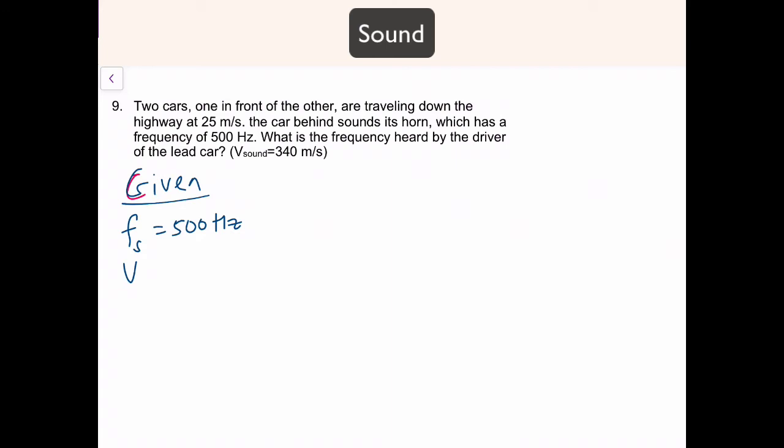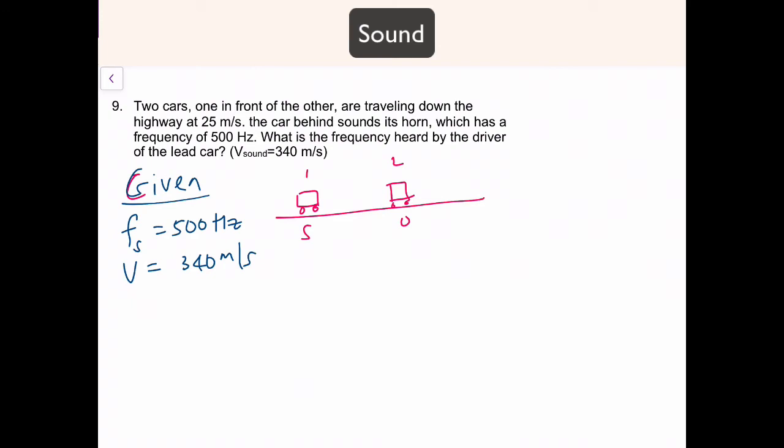V, which is the speed of sound, is 340 meters per second. Both of them are moving at 25 meters per second. Let's say car 1 is here and car 2 is here. This is your observer and this is the source.